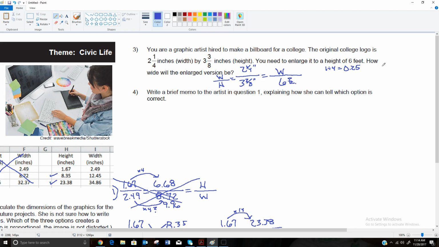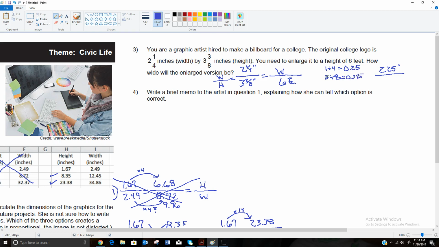So I could rewrite this as 2.25 inches. And then the 3/8 is more uncommon, but if I want to switch that to a decimal, 3 divided by 8 comes out to be, and if you do a lot of building, you may know some of these from that, but that comes out to be 0.375.